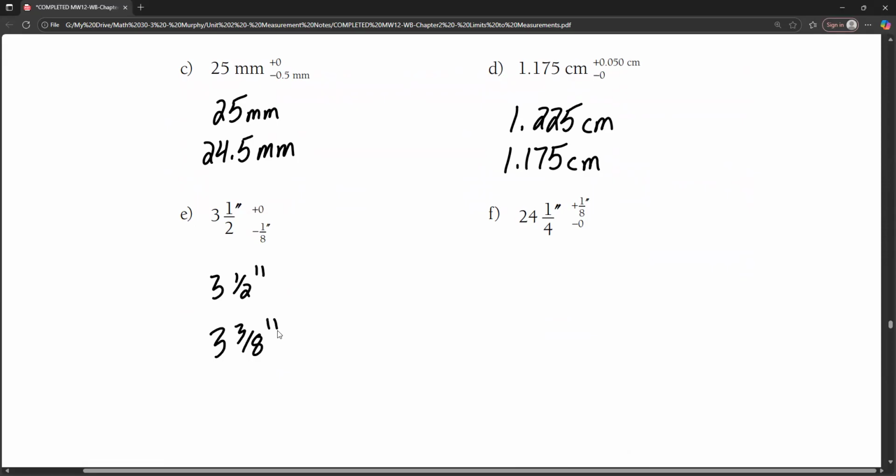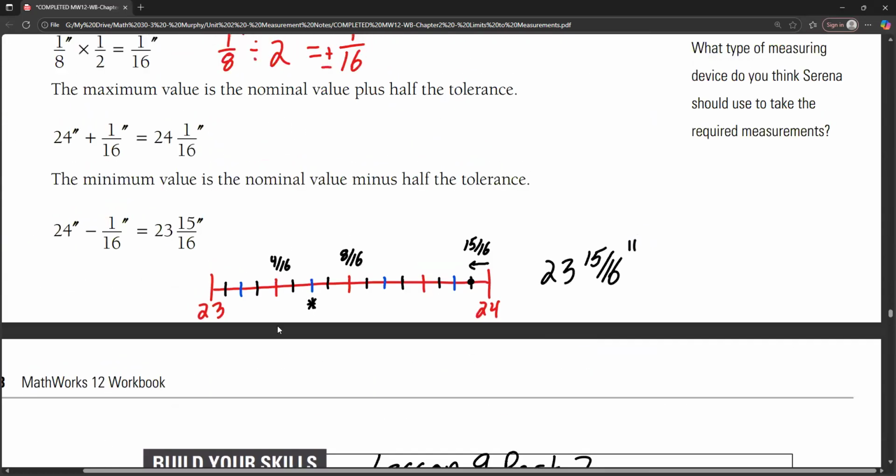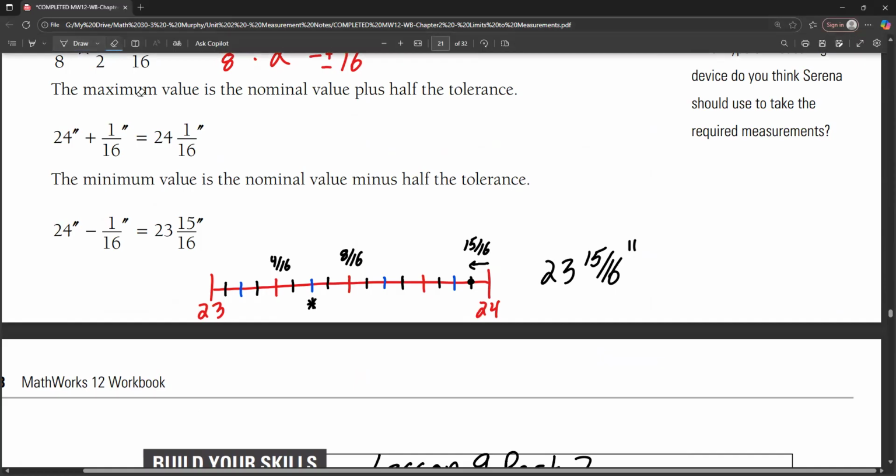Okay, 24 1/4, up an eighth. Okay, so that's our minimum then. Just can't go any lower, it says. So again, if I go back up to my ruler, it says we're at a quarter. So a quarter would be in red here, right here. And I'll just erase that so you can see it.